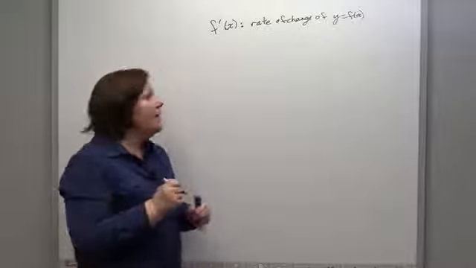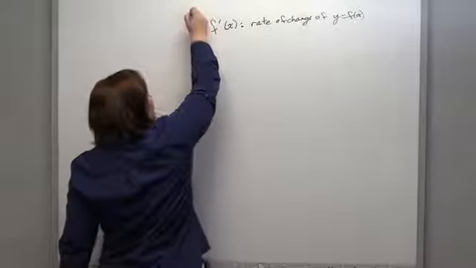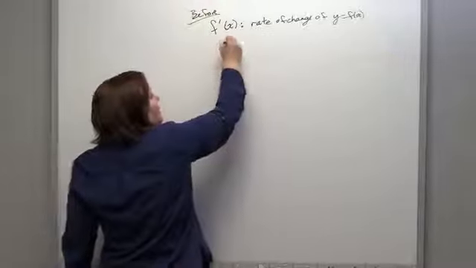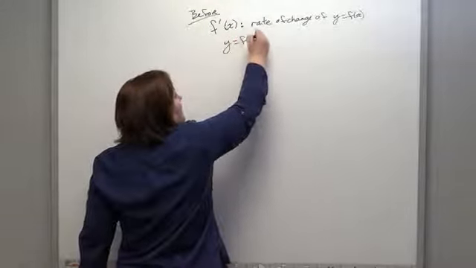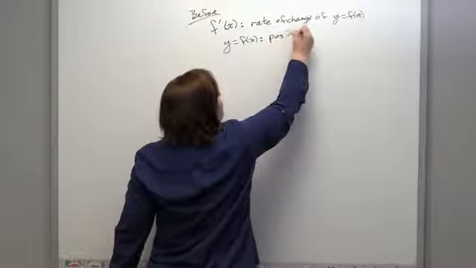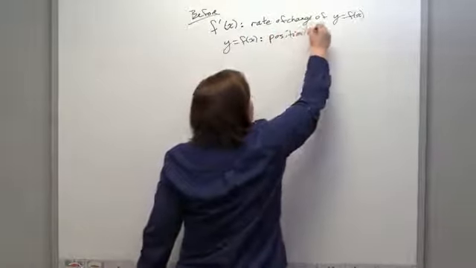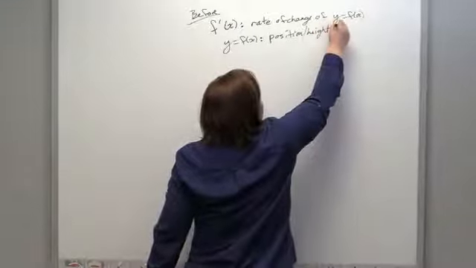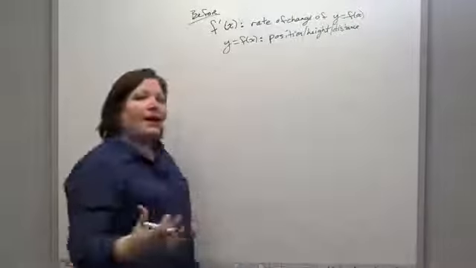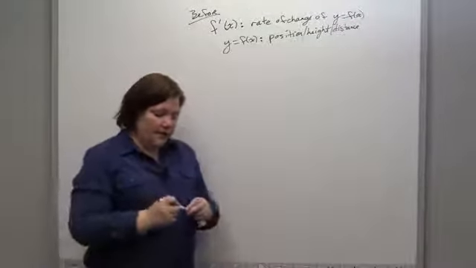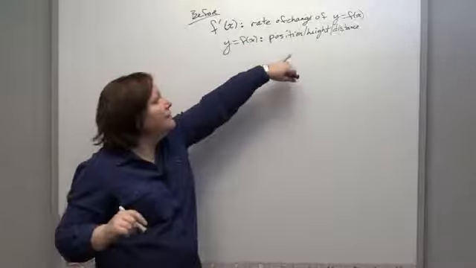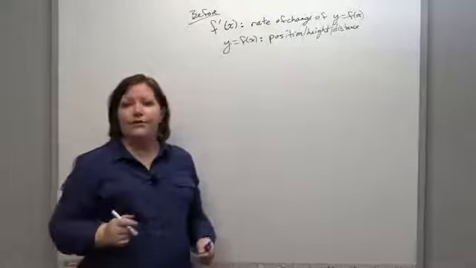For example, before, when we are looking at y equals f of x, when this is some sort of position, height, distance at a certain time, you put in your time and you get out the height of the ball after you throw it.